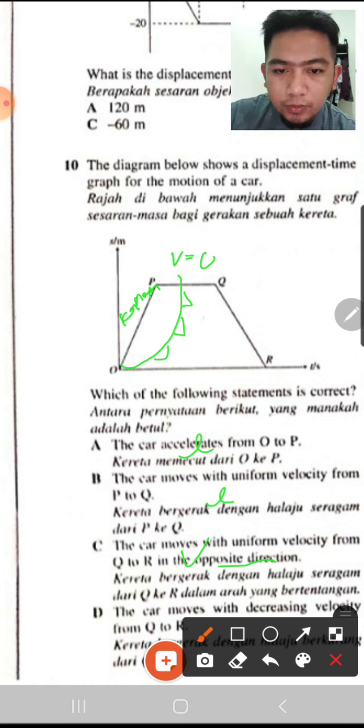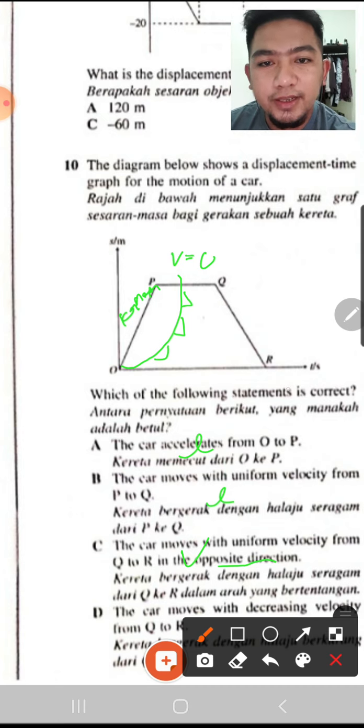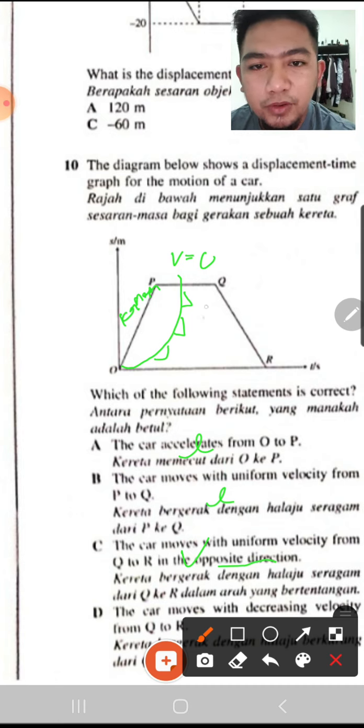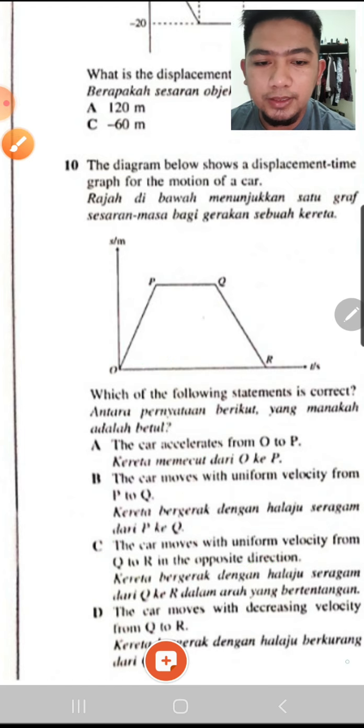And D, the car moves with decreasing velocity from Q to R. It is not decreasing velocity, it is uniform, because look, it is a straight line. If it is decreasing velocity, it must be curved, because if you calculate its gradient, it will decrease, its gradient gets smaller. That's why D is wrong. So the correct answer is C.